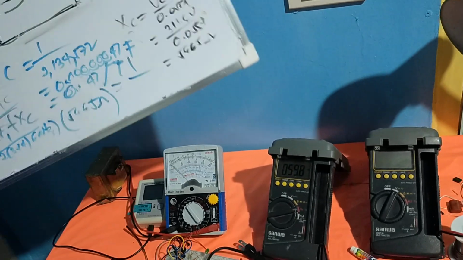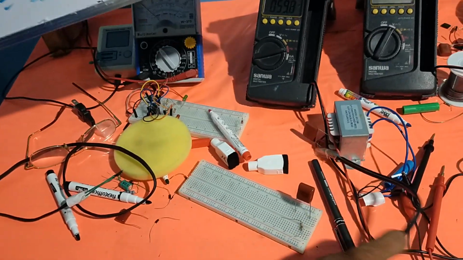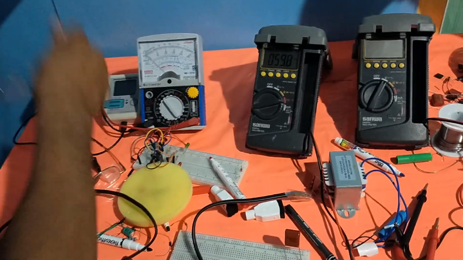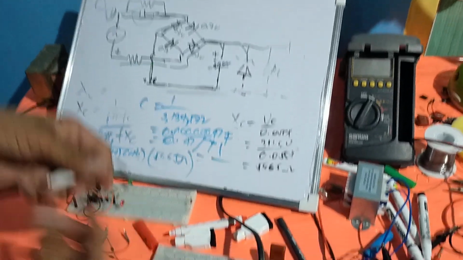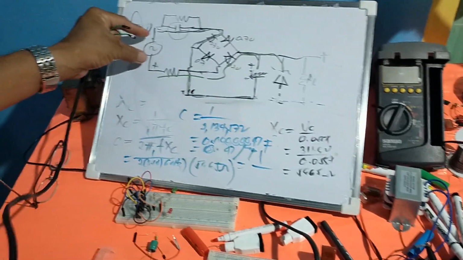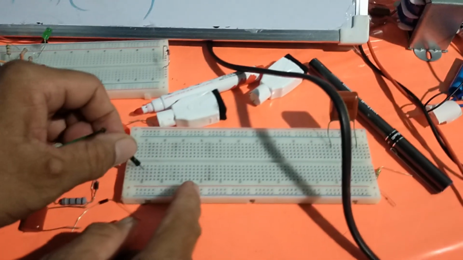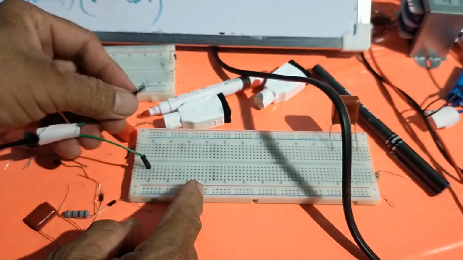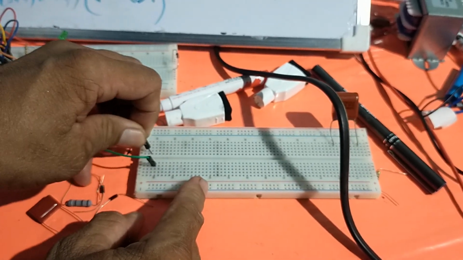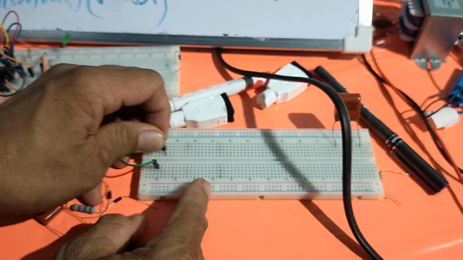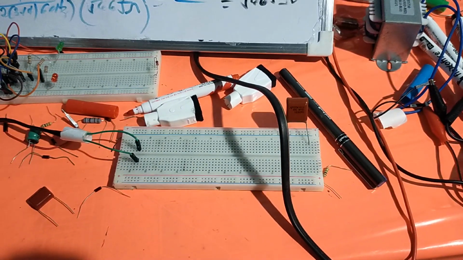So we will now assemble the circuit. Let us now assemble the circuit. We have here the AC source based on the diagram, so we will connect it here. This is now the AC source.